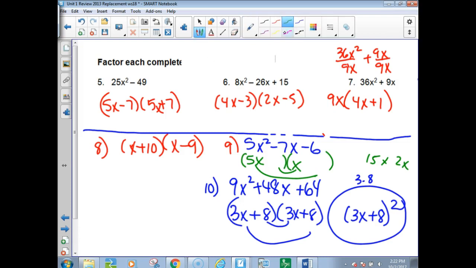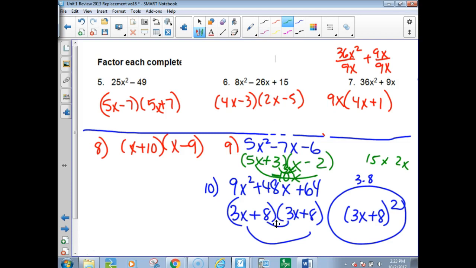This is how I told you you could check them. You can play around. All right, now, these are both negative, which means one of them has to be negative and one has to be positive to get that last number to be a negative. And then I see a 10x when I multiply these two. I get a 3x in the middle, and 3x and 10x, I have to have a negative 10x and a positive 3x. So that's the way you factor it.